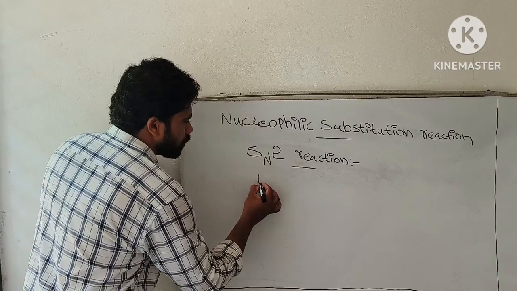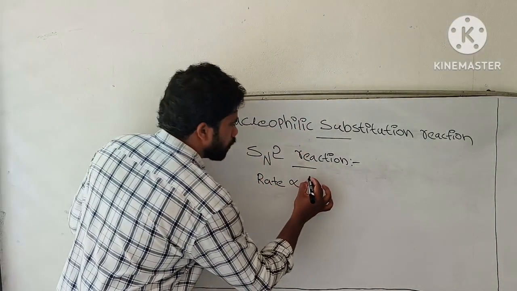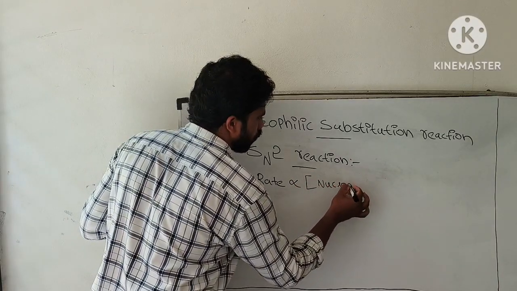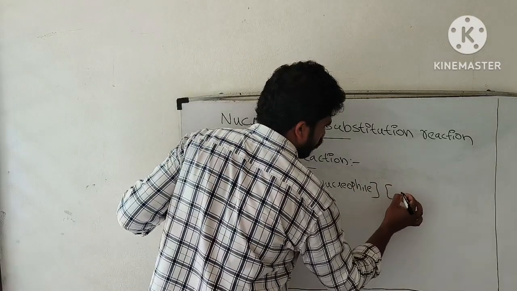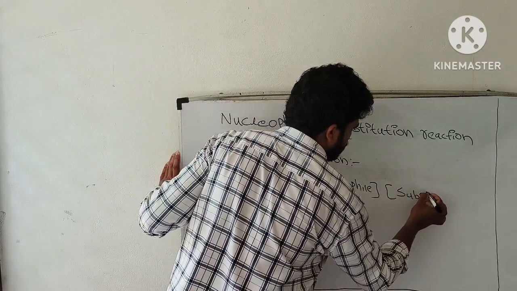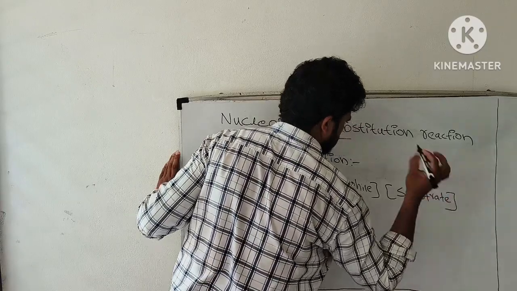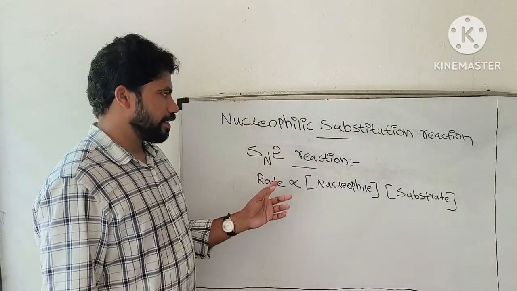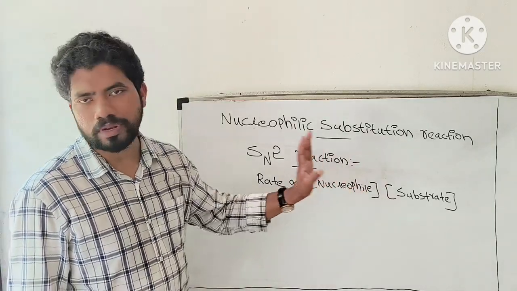The rate of reaction depends on, or is proportional to, the concentration of the nucleophile and the concentration of the substrate. Substrate means alkyl halide. So in this reaction, the rate of the reaction depends both on the concentration of the nucleophile and the substrate or alkyl halide.